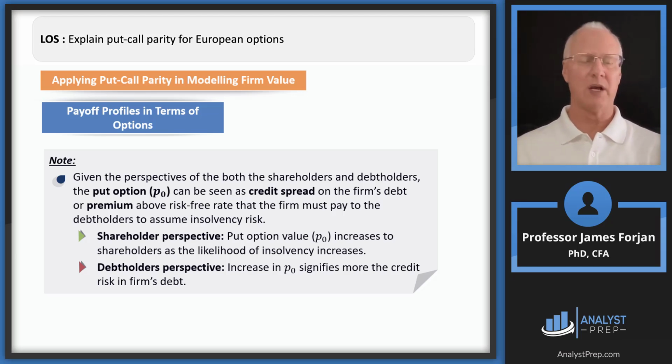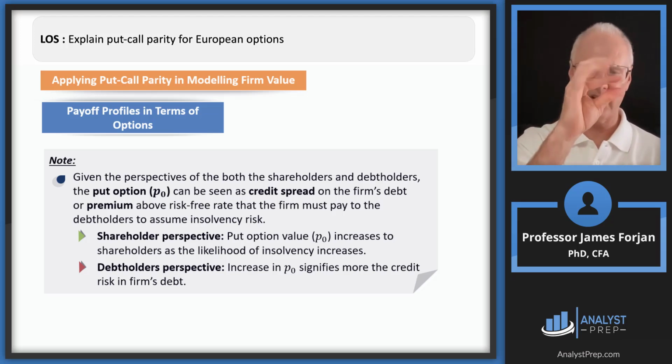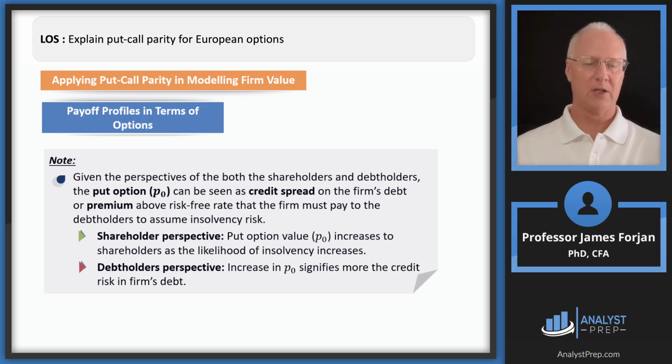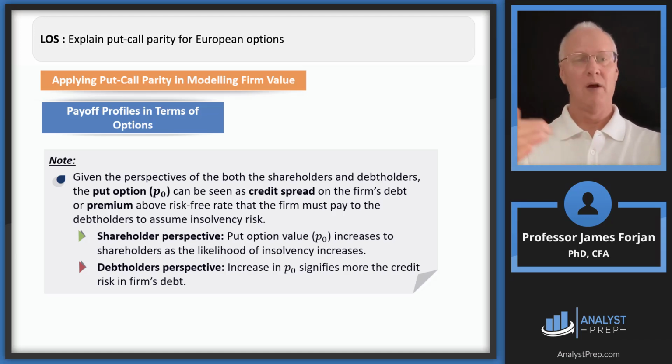I mean, even a company like Johnson & Johnson, which has the highest rating, there's still some small slice, right? A little sliver that it could default on its bonds. And so that put premium for Johnson & Johnson here in the context of put-call parity is going to be way lower than Jim's Honeycrisp Apple company. That should make perfect sense.